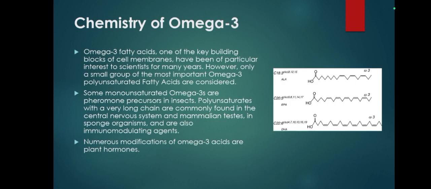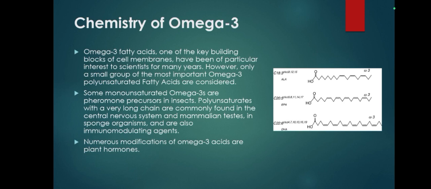Here is the chemistry of omega-3 fatty acids. Omega-3 fatty acids, one of the key building blocks of cell membranes, have been of particular interest to scientists for many years. However, only a small group of the most important omega-3 polyunsaturated fatty acids are considered. Some monounsaturated omega-3s are pheromone precursors in insects.